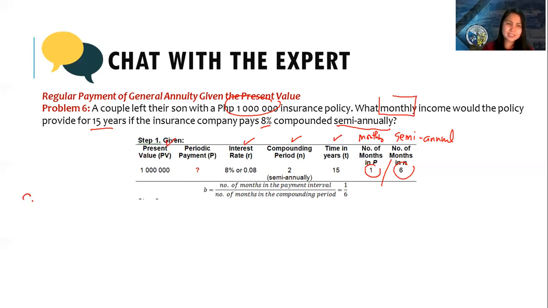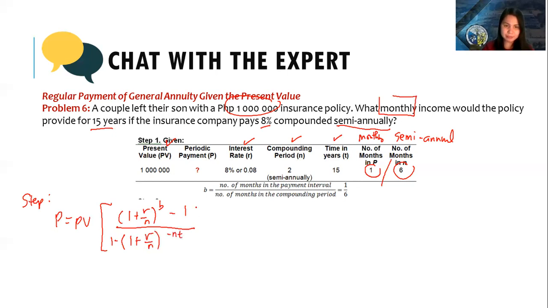So let us solve for that one. P equals PV times (1 plus R over N) to the power of B minus 1, over 1 minus (1 plus R over N) to the power of negative NT.